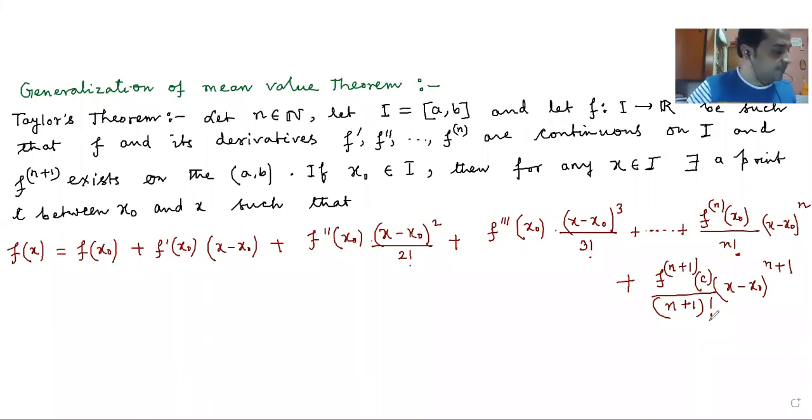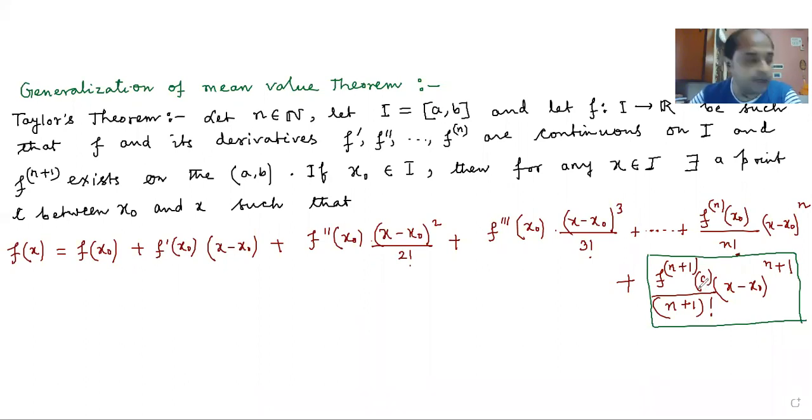I have taken this expression from the book of notes which I have shared with you, so you can get it from there also. And this part which I have written over here, I am marking it with green color. This part is very important, and this part has a special name. It is called Lagrange's form of remainder, or sometimes it is called derivative form.